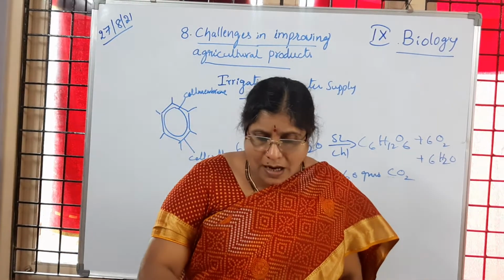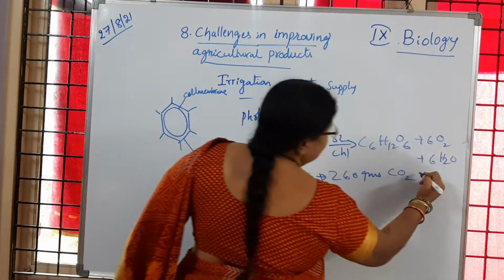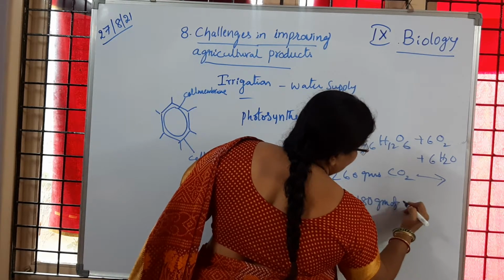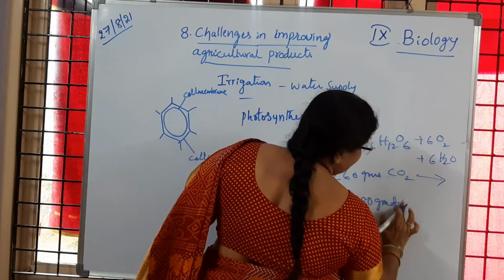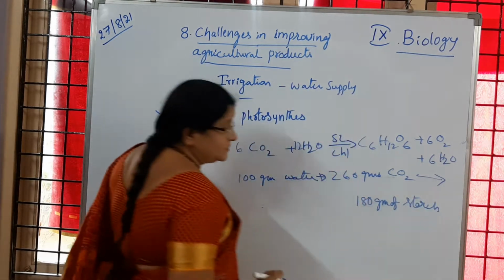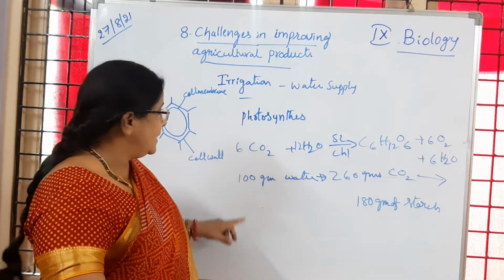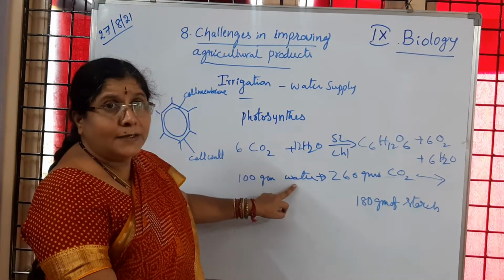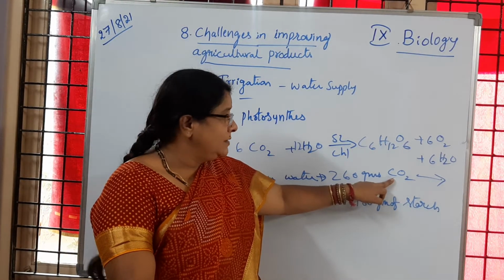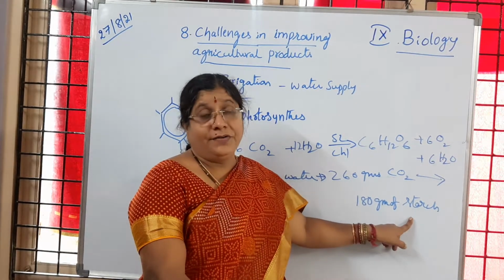Is it clear to you? And it gives 180 grams of carbohydrate or starch, I will write. So the chemical analysis makes you understand that 100 grams of water will react with 260 grams of carbon dioxide to form 180 grams of starch, carbohydrate you can take.